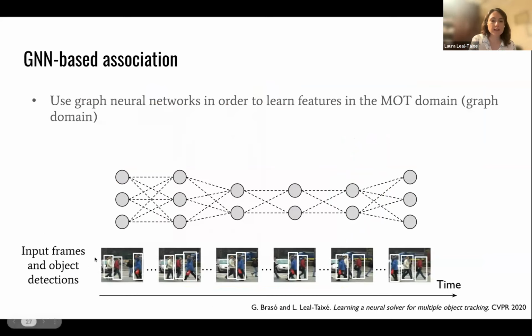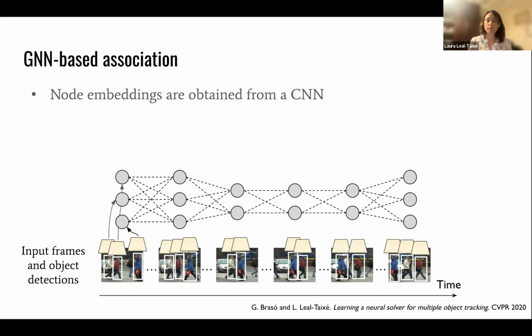So here I'm representing, as always, my input detections and the graph that I've created with these input detections. And now what I need to do in order to use graph neural networks is to define some embeddings, right? To define node embeddings, which are simply a tiny CNN that takes in the input image, the input detection, and computes the feature embedding from that.